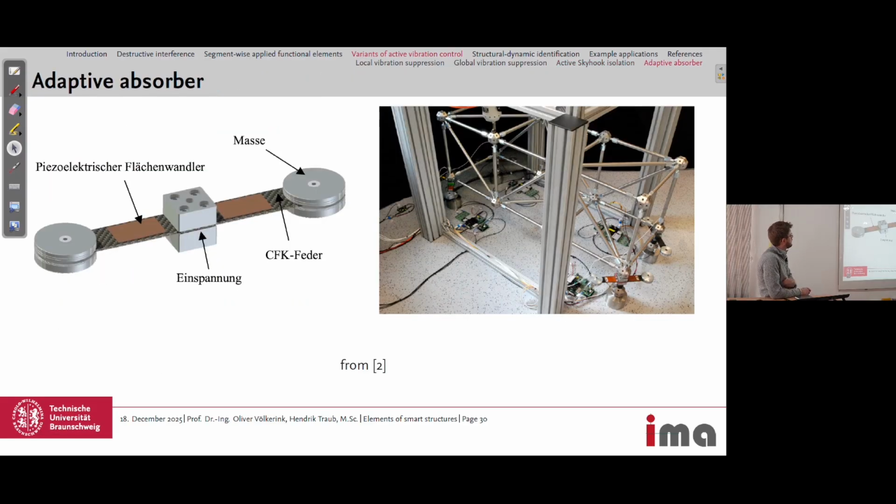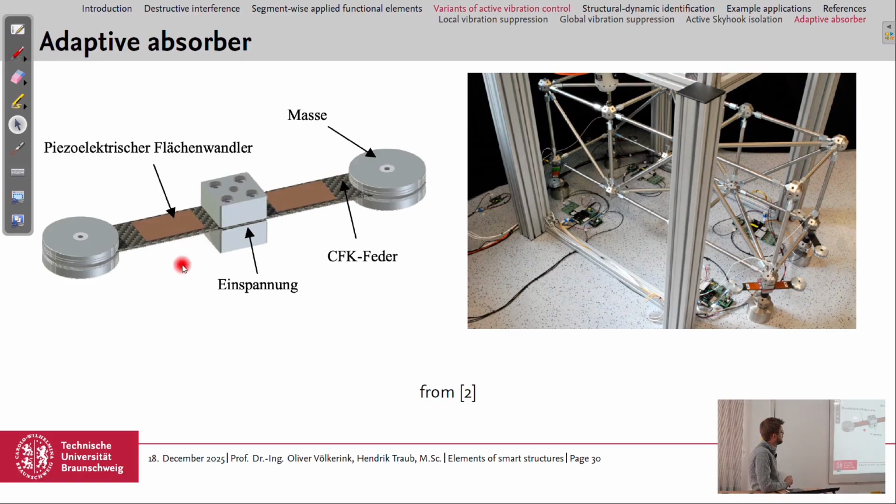And the other thing is an adaptive absorber. Looking, for example, like this, we could have these adaptive absorbers at the interface points of the structure to the ground. And as you saw yesterday in the labs, we can change the stiffness of a beam using these actuators passively by opening and closing the circuit, but we could also change it actively by applying a voltage. And with this, we can tune this leaf spring with the mass at the end and use it as an adaptive absorber.